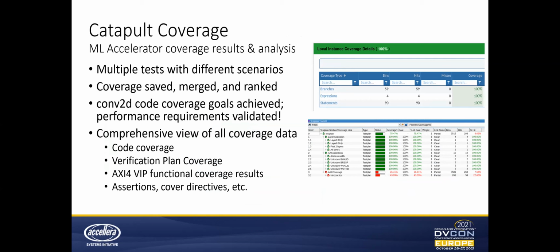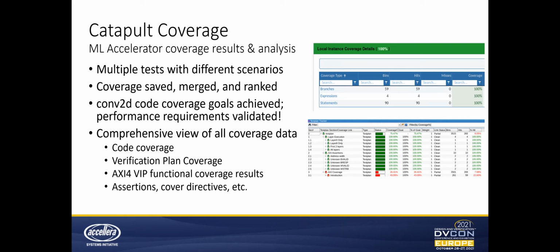Exclusions against the pre-HLS source were developed to deal with unreachable areas of the code, and our overall verification plan was incorporated in order to give us an overall view of where things stand for the entire verification effort. We also used test ranking to track which tests got the most bang for our buck for later use. These activities resulted in 100% pre-HLS design code coverage on our target subsystem, which was conv2D.